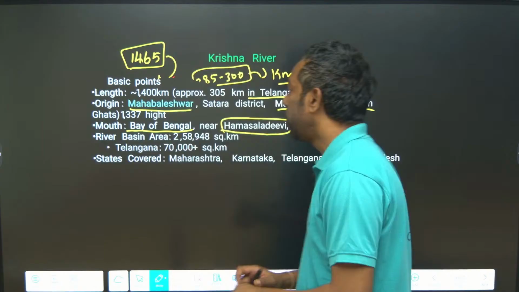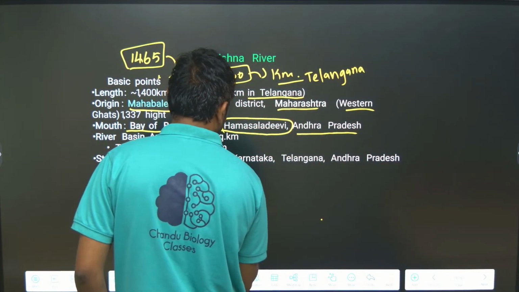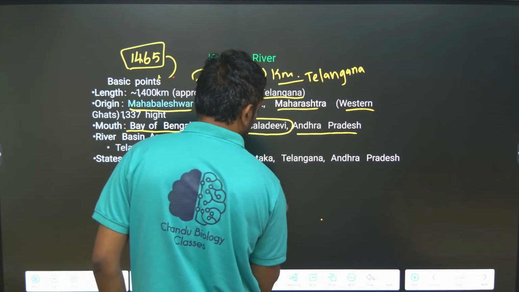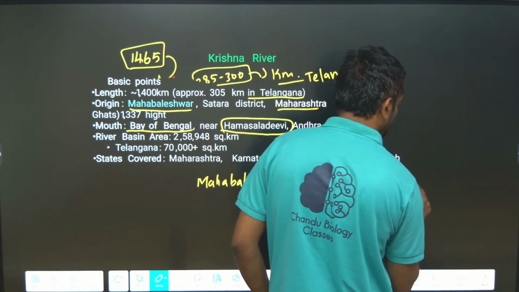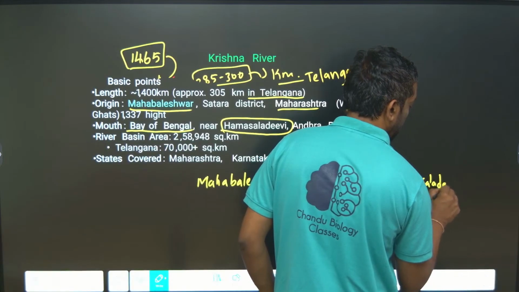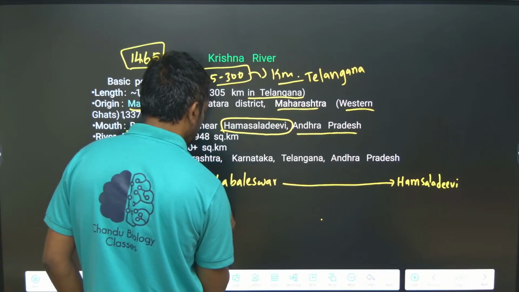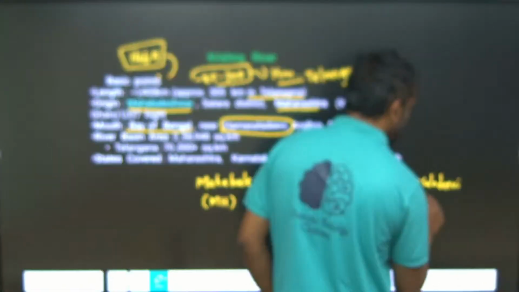It originates at Mahabaleshwar, which is in Maharashtra, and ends at Hamsala Devi, which is in Andhra Pradesh.